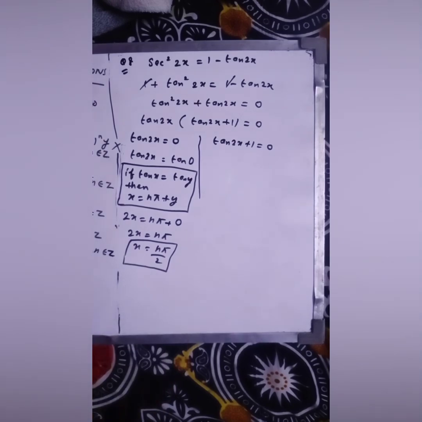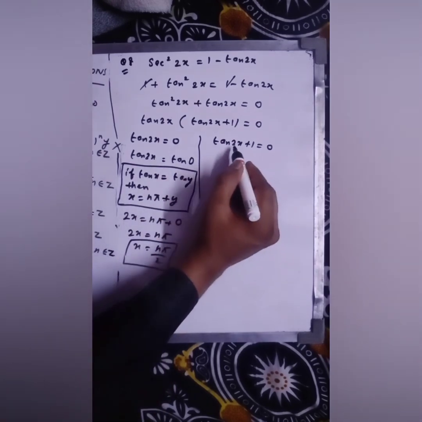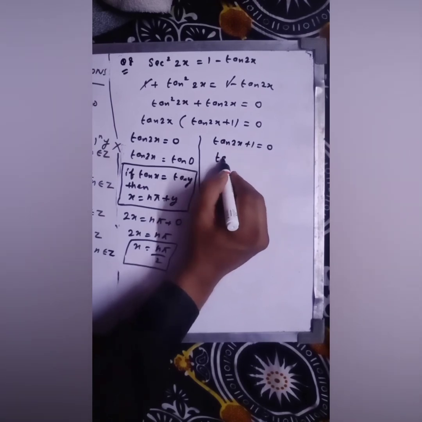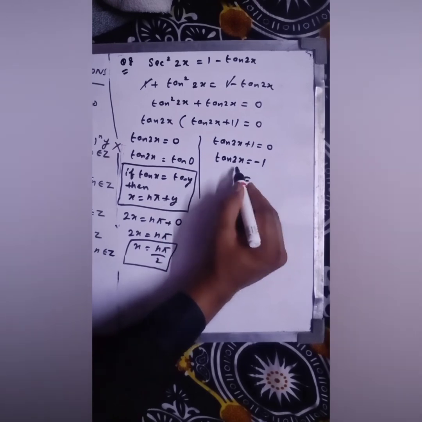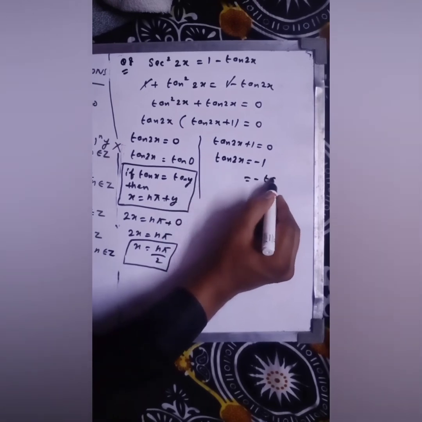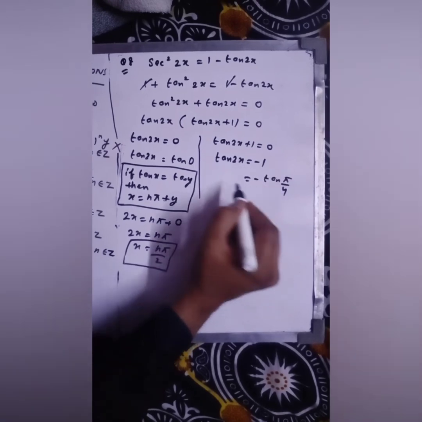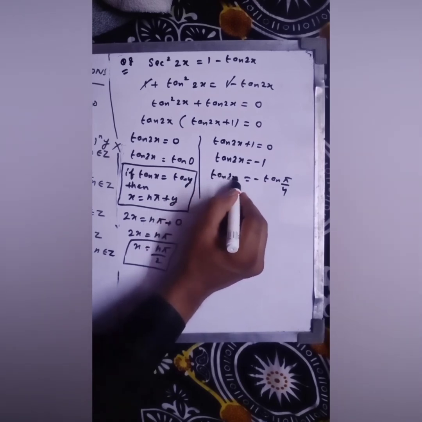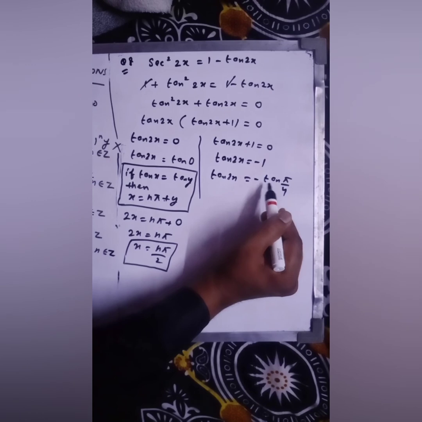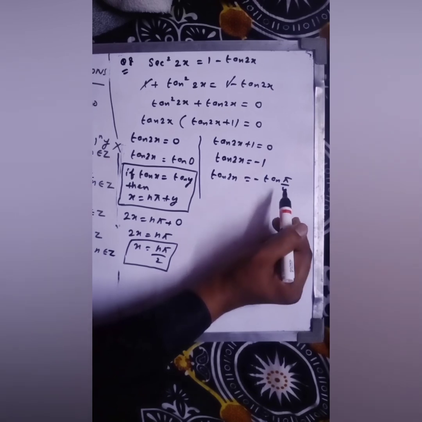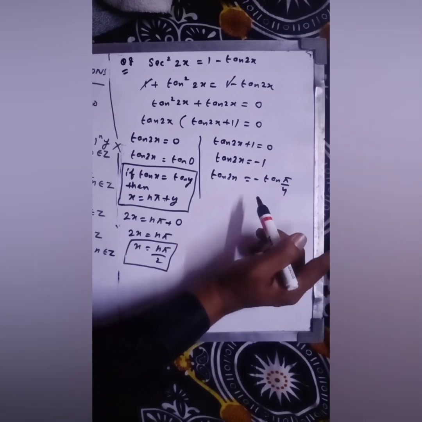answer, general solution. And when you solve this, here your tan 2x is equals to minus 1. And this 1 can be written as tan pi by 4, because tan pi by 4 is equals to 1. Now it is coming negative, so you have to find out the principal value. So tan is negative in second quadrant and in fourth quadrant. The first quadrant which is coming, that is second.